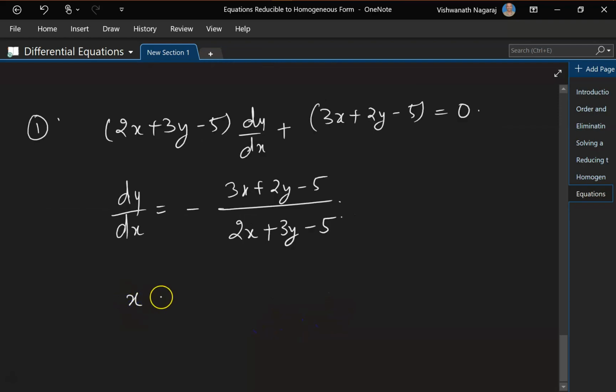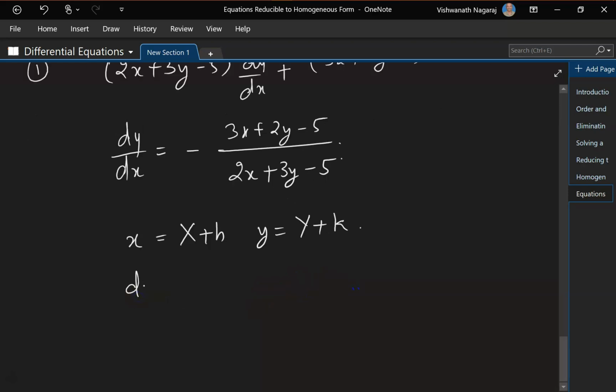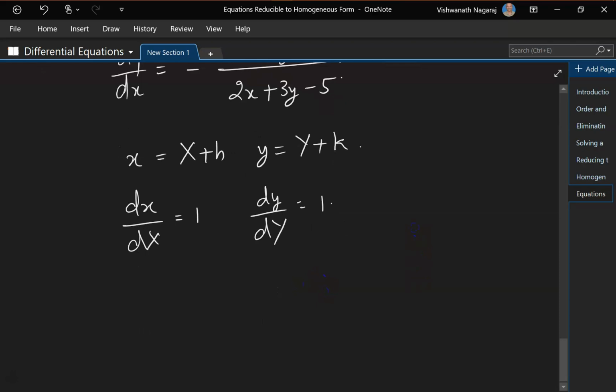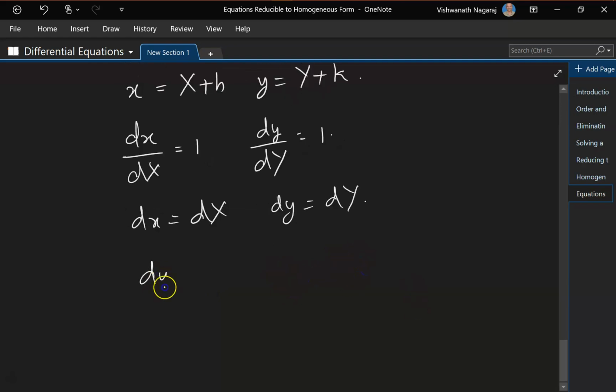Now let's say x is equal to capital X plus h, y is equal to capital Y plus k. dx by dX is equal to 1, dy by dY is equal to 1. So which means dx is equal to dX, dy is equal to dY. We can combine them and say dy by dx is equal to dY by dX.